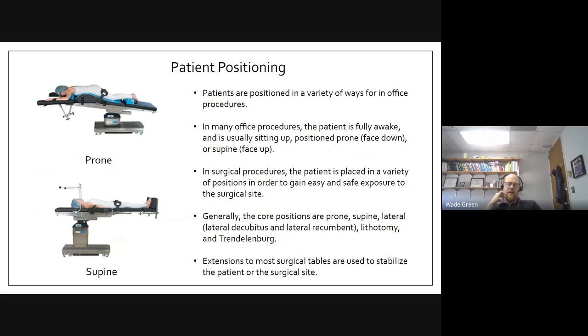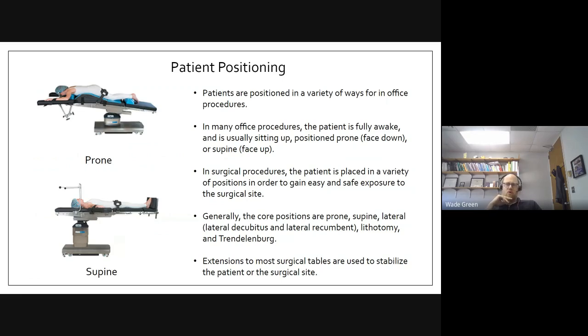In a lot of our office procedures, like a simple procedure such as having a mole removed or an ingrown toenail removed, usually you're going to be fully awake. They may use a local anesthetic, and you're typically either sitting up, prone, which means face down or on your stomach, or supine, which is face up or on your back.